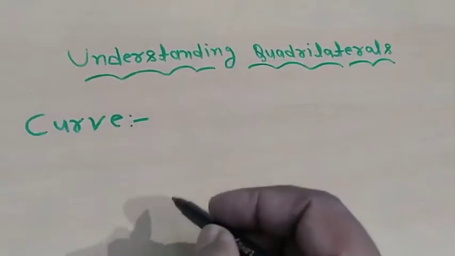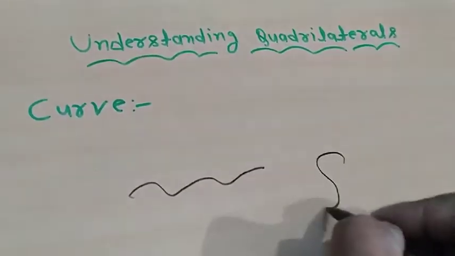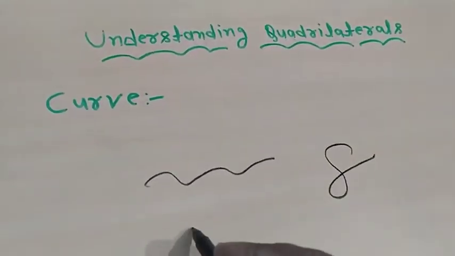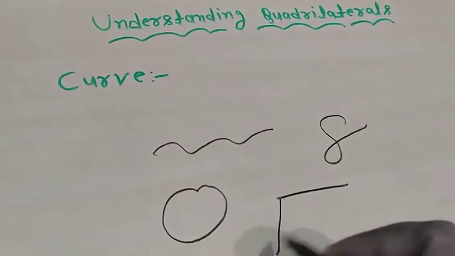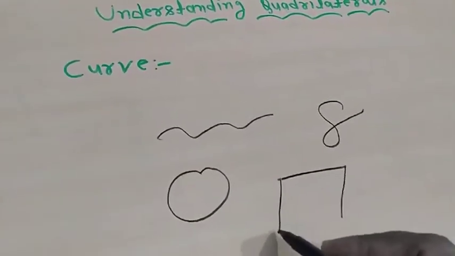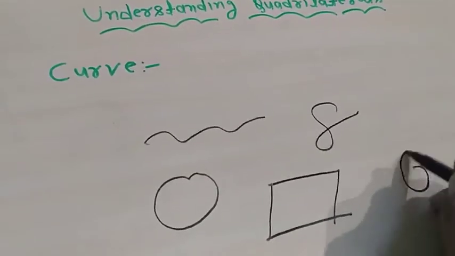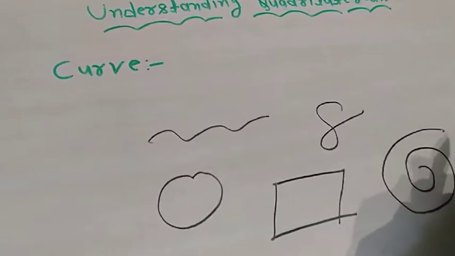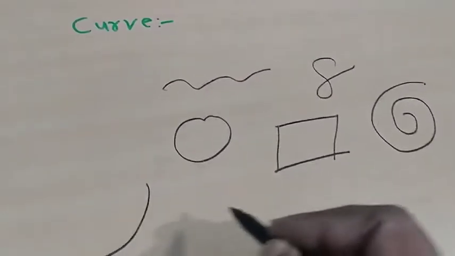Students, let's see. This is a curve. This is also a curve. This is also a curve. And this is also a curve. You can see here, this is also a curve.